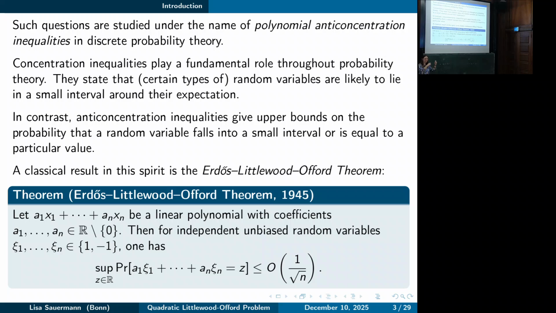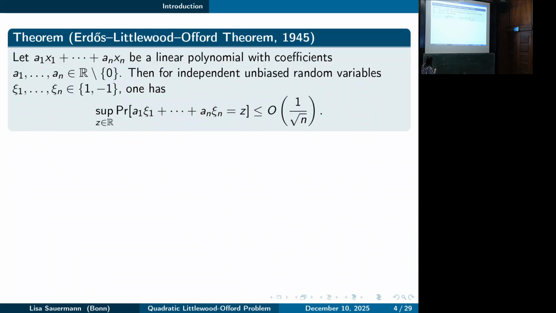That's exactly what we talked about on the previous slide, because that says that if we care about the number of solutions in {1, -1} to the n, then at most a 1 over square root n fraction of those hypercube vertices can be a solution to this linear polynomial. Okay, so here's again the statement.